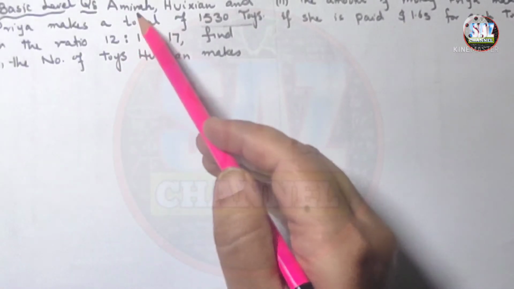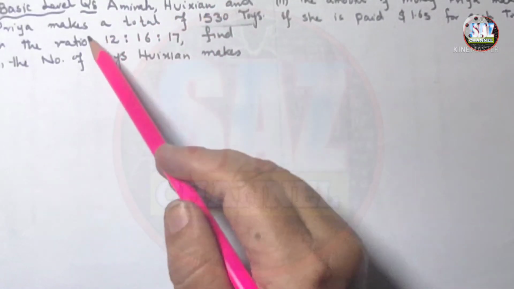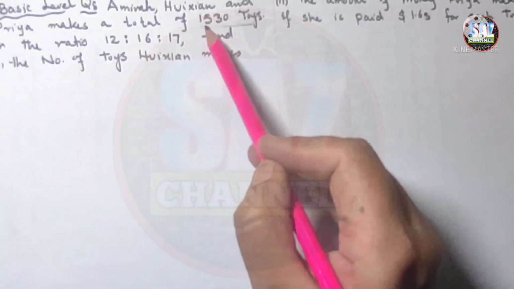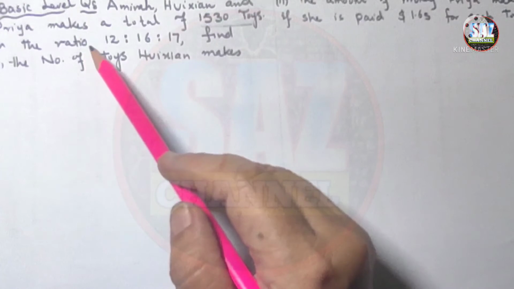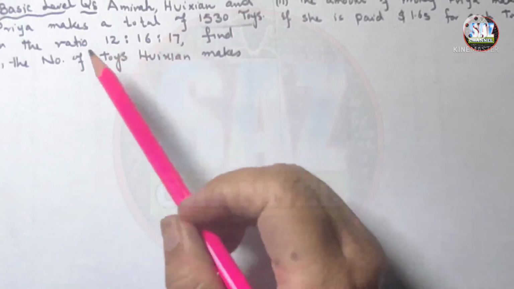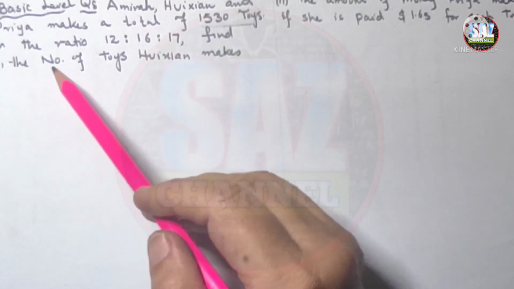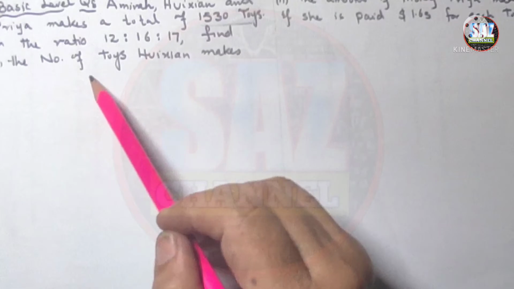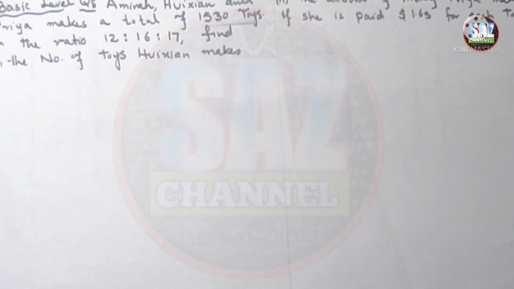The question says Amira, Higson and Priya are making some toys. The total of the toys is given here, and it's also given in what ratio they are making the toys. So in the first part, we have to find the number of toys that Higson is making. Very easy question.